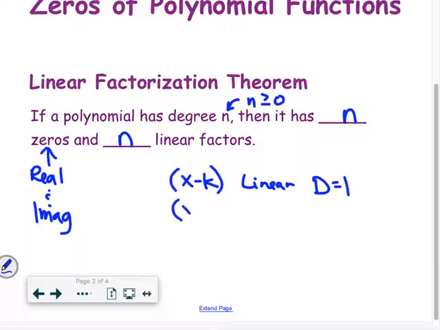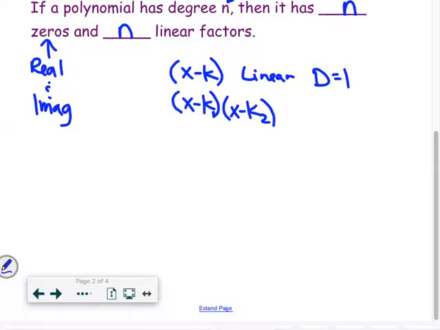If I were to have 2 linear factors, I'm going to call it x minus k sub 1 and x minus k sub 2. Those k sub 1 and k sub 2 are whatever two zeros I gave you. If I multiply this out, my largest exponent is going to be x squared, right? So then this is quadratic, which is degree 2.